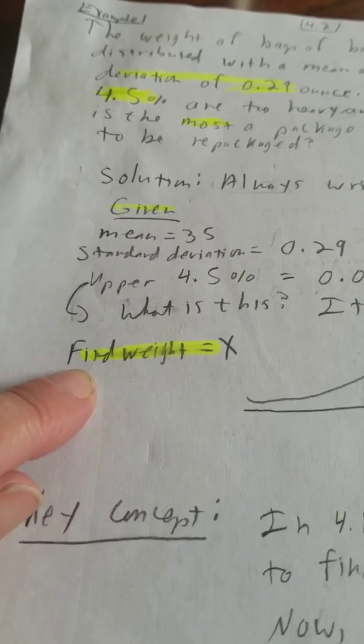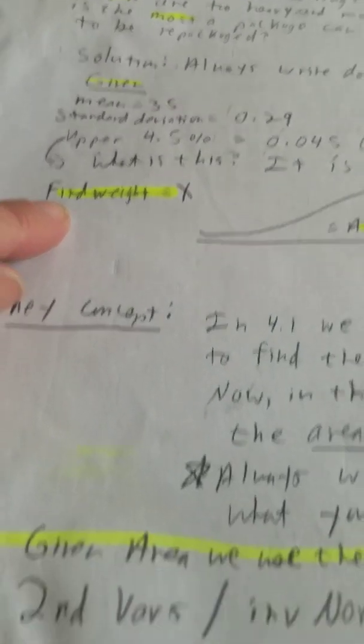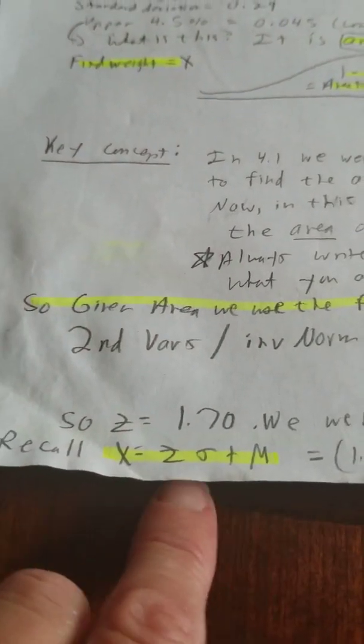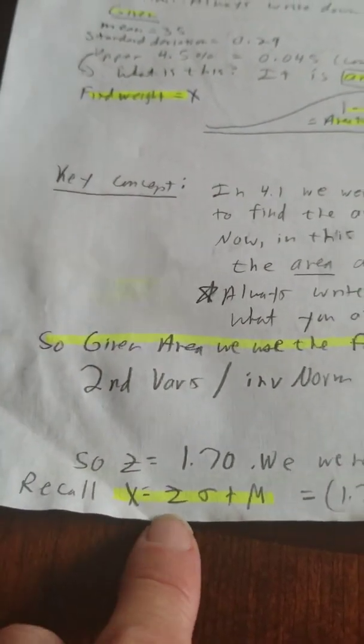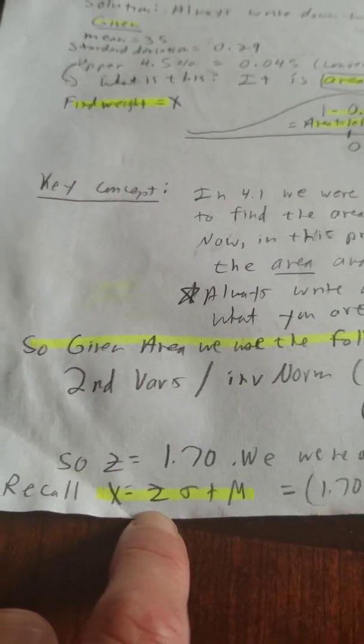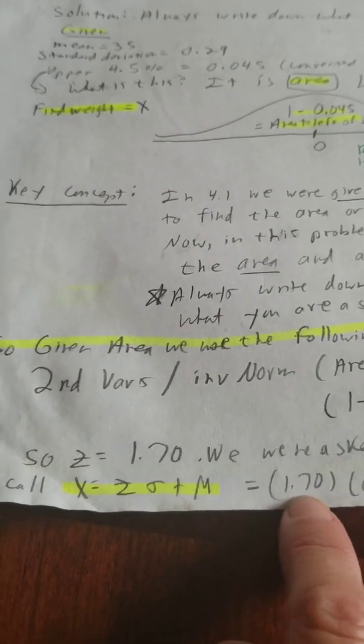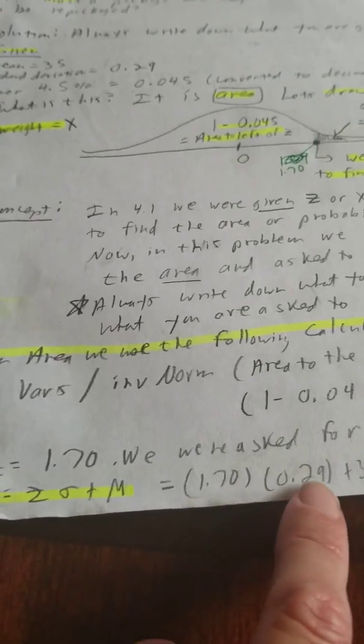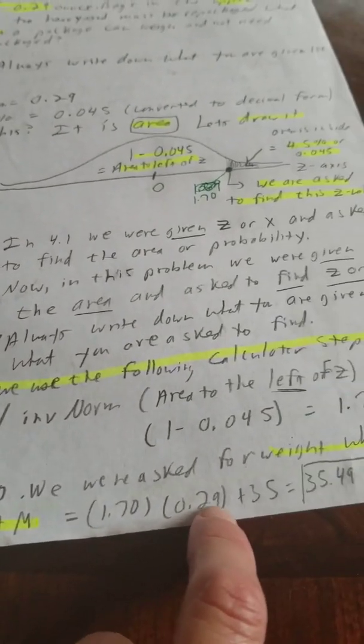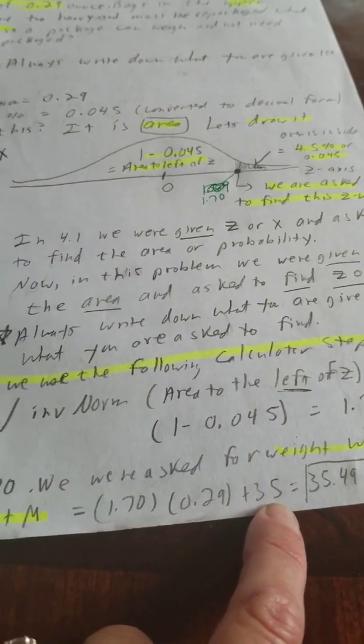Well, if we know z, we can convert it to x, and that's what I'm gonna do. So looking down here, here's the formula. That's on your formula sheet, so you were given that. X equals z times sigma plus mu. We found z to be 1.7, sigma is 0.29, and the mean was 35.